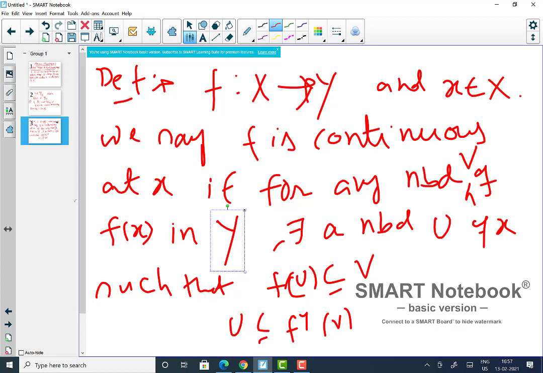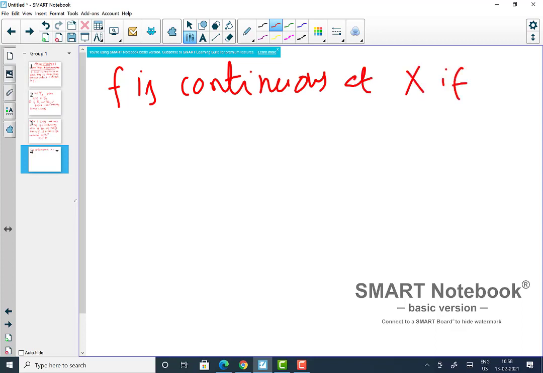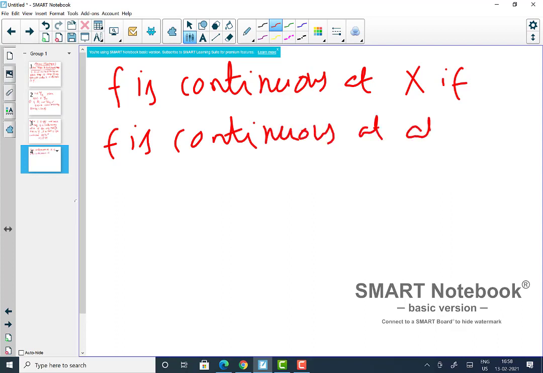And f is continuous if f is continuous at all points of X. What does that mean?